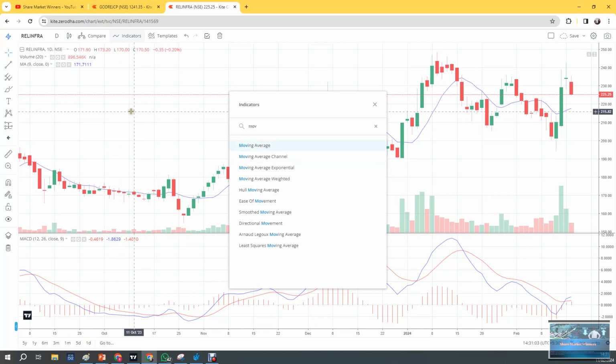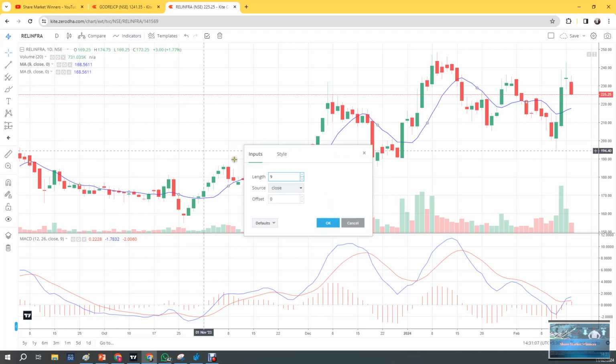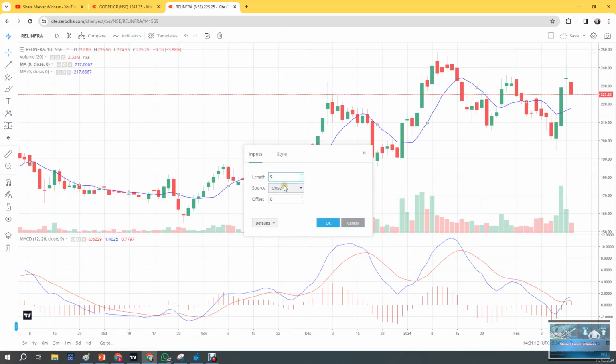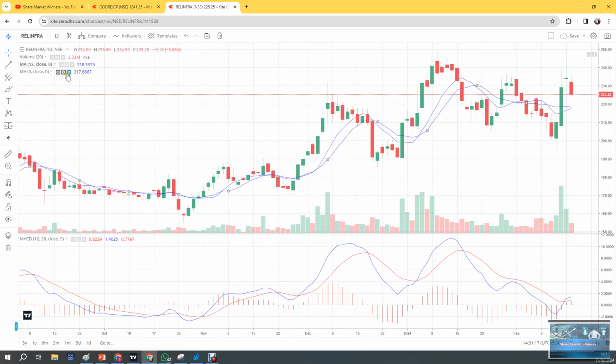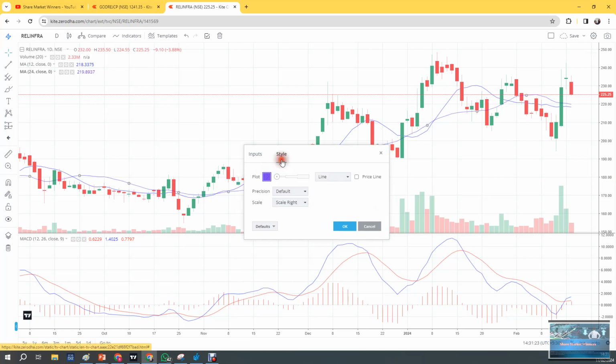You can select moving average, and then you can change the settings to 24, and you can change the colors accordingly.